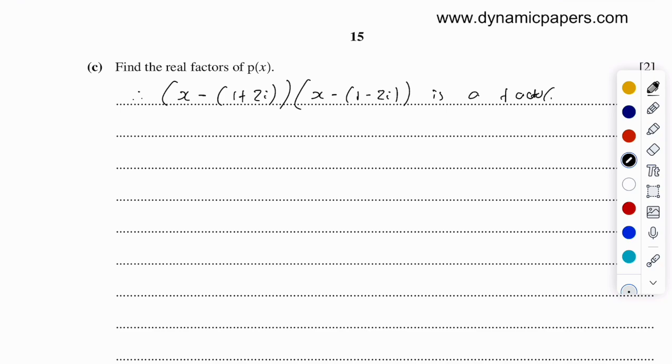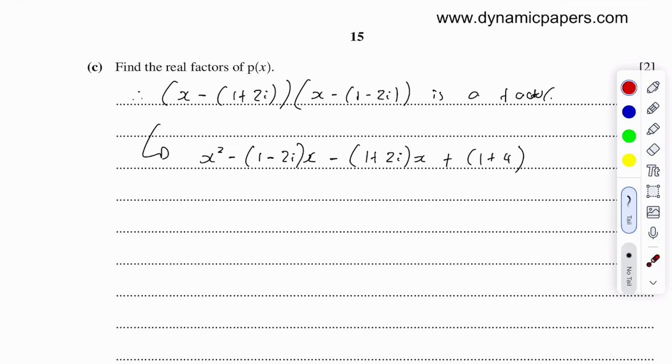So if we expand this out, we get x squared minus 1 minus 2ix minus 1 plus 2ix plus 1 plus 4. Brilliant, you've got that.